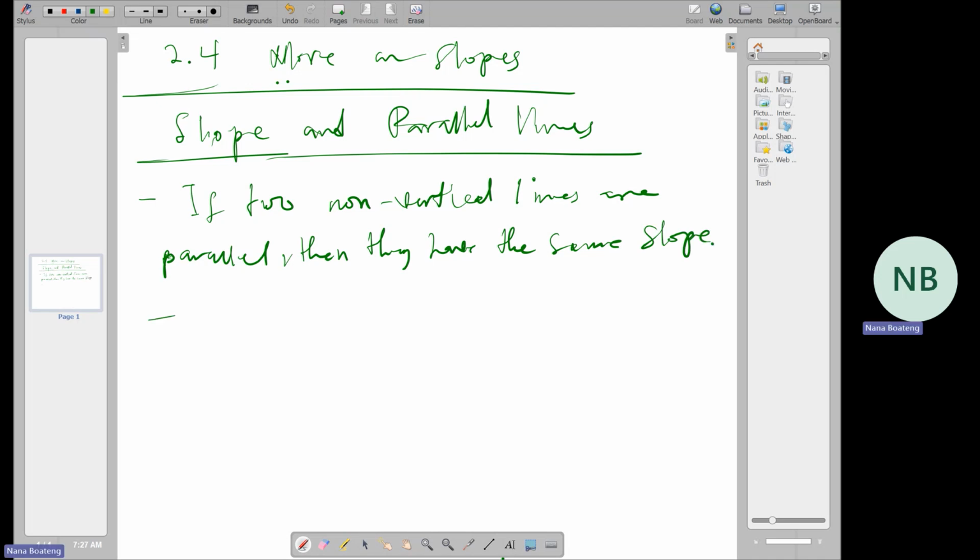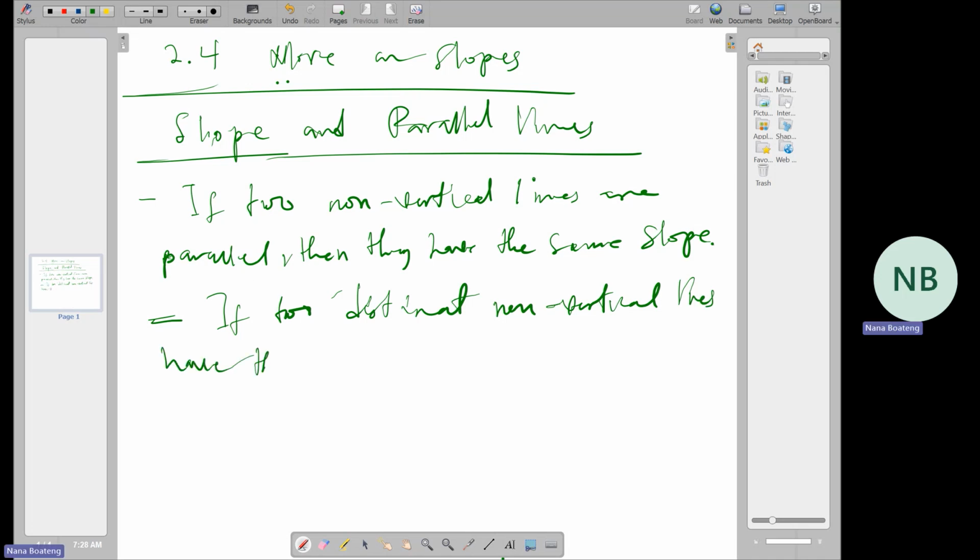And also, if two distinct non-vertical lines have the same slope, then they are parallel. So the reverse is also true.